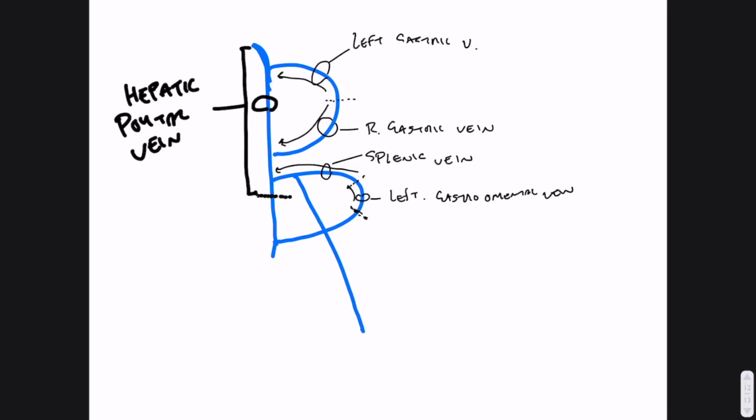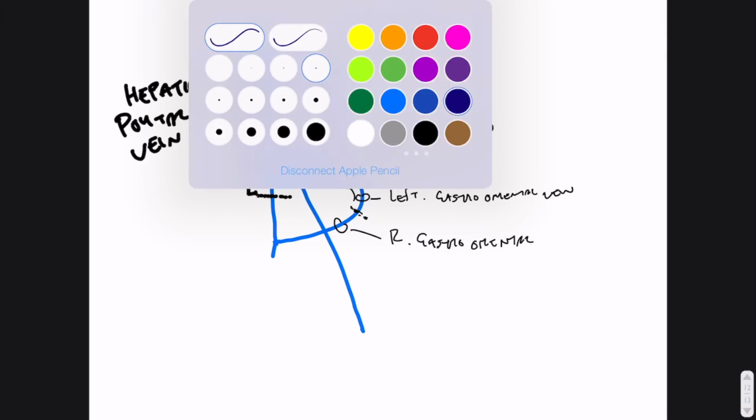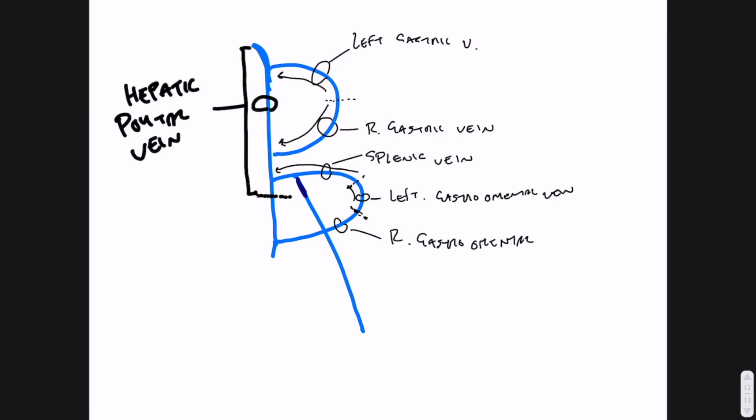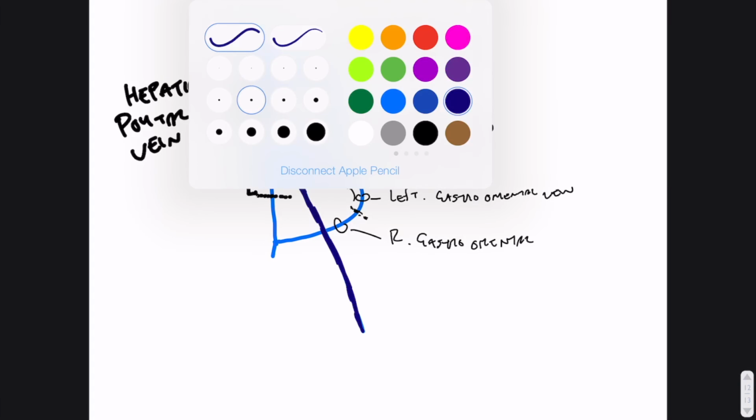This one can really go either way, but usually it goes up to the splenic vein. And then over here we have the right gastromental. Okay, and then this one here is not connected to that right gastromental. It actually goes up to that splenic vein.